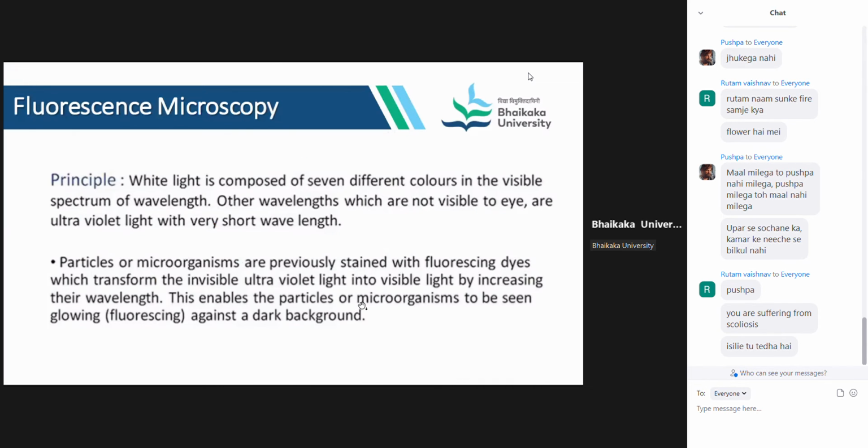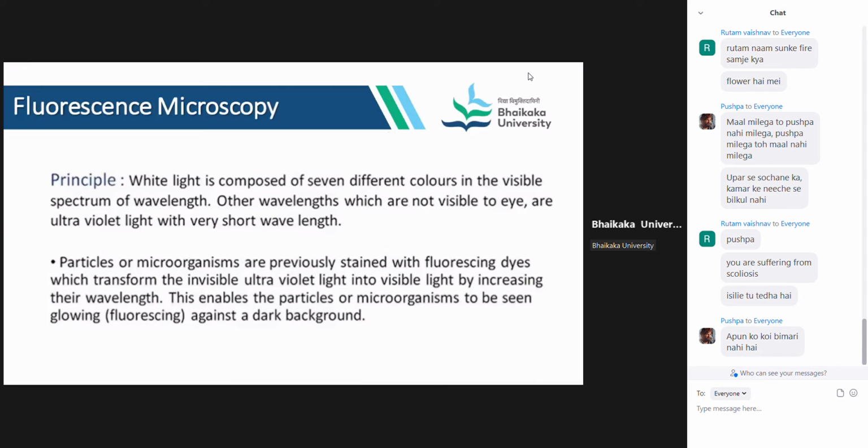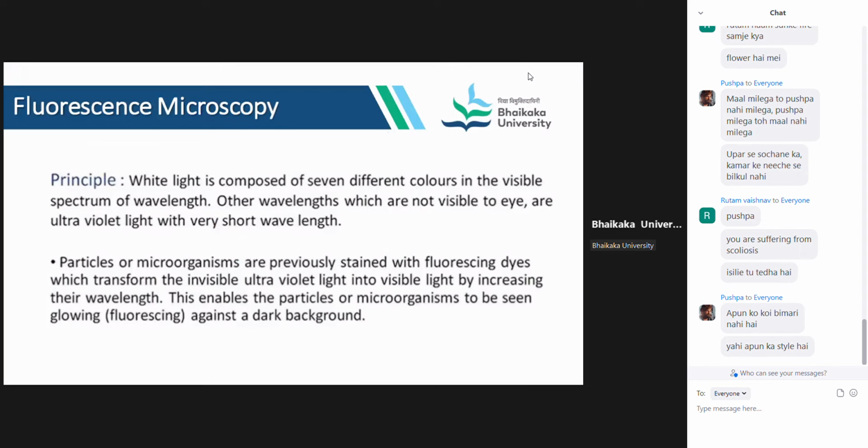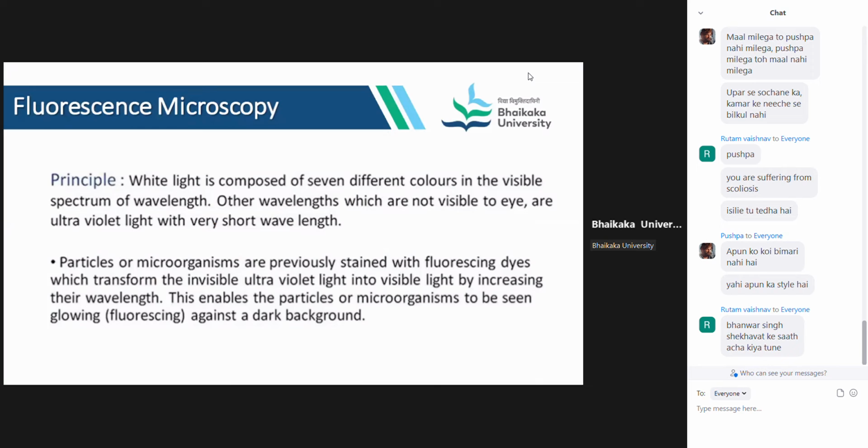Now come to the fluorescence microscopy. The principle is that white light is composed of 7 different colors in the visible spectrum of wavelengths. Other wavelengths which are not visible to our eye include ultraviolet light with very short wavelength. Now, particles or microorganisms are previously stained with fluorescing dyes, which transform the invisible ultraviolet light into visible light by increasing its wavelength.